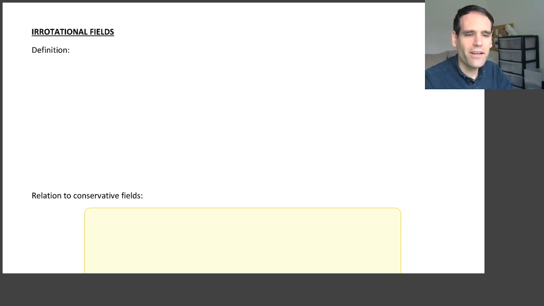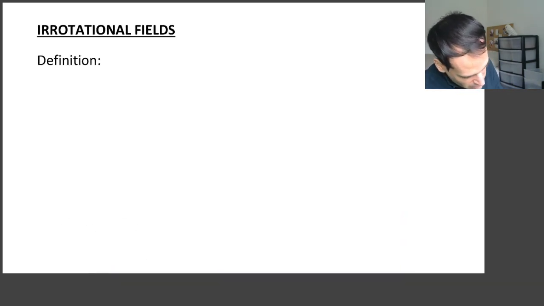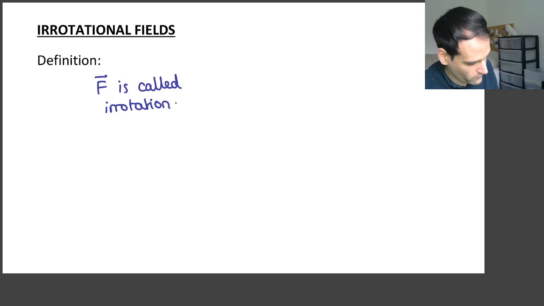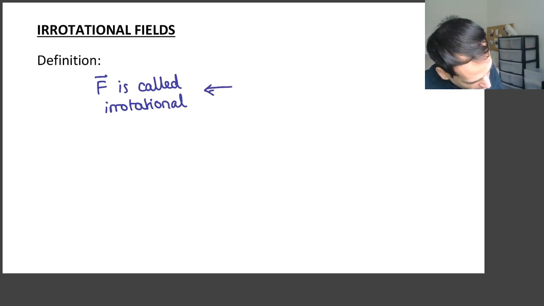Let's now talk about the concept of irrotational fields. So a vector field F is called irrotational when the curl of the field is 0.